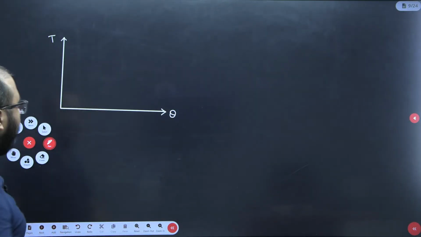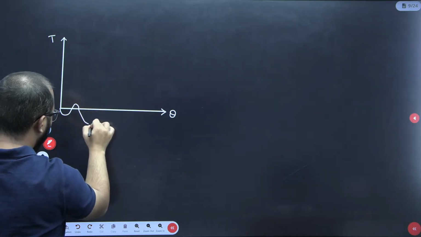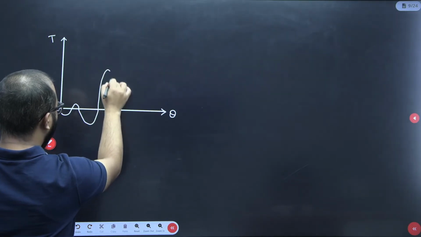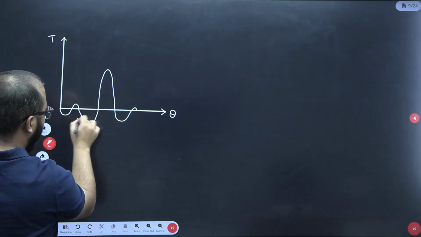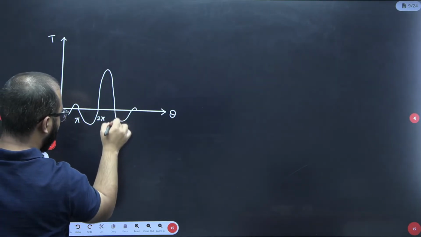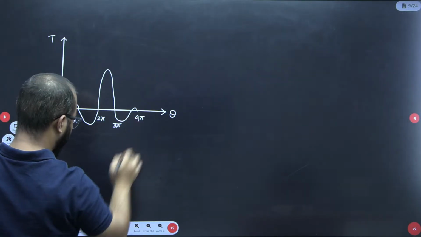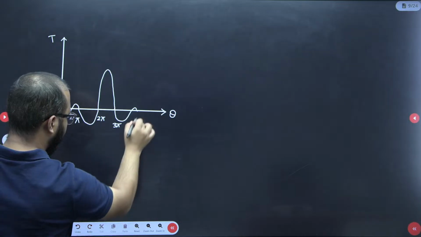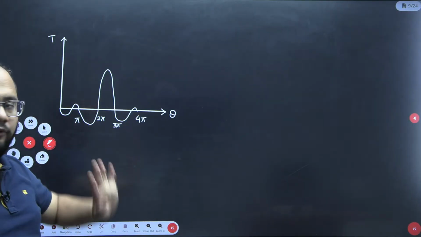Now let us again just draw this diagram. Like this. So pi, this is 2 pi, this is 3 pi, and this is 4 pi.